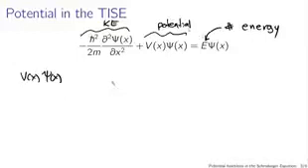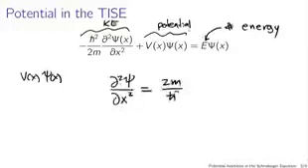What you get is the second derivative of psi with respect to x equal to 2m over h bar squared times (V of x minus E) psi. So this quantity relates the second derivative of psi to psi itself.